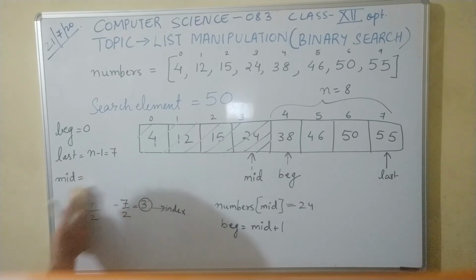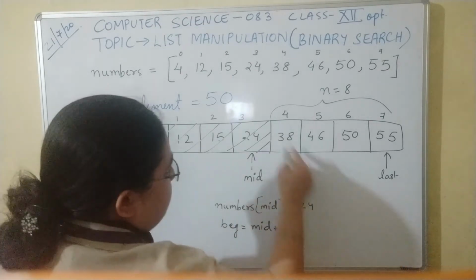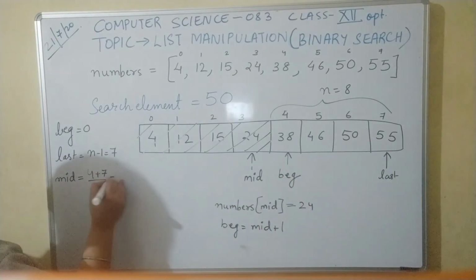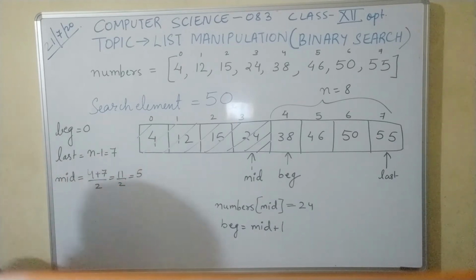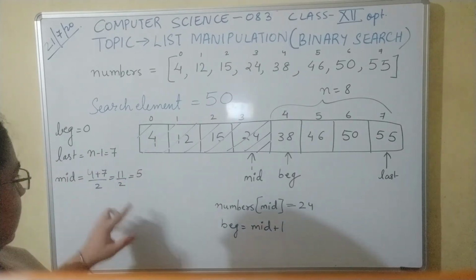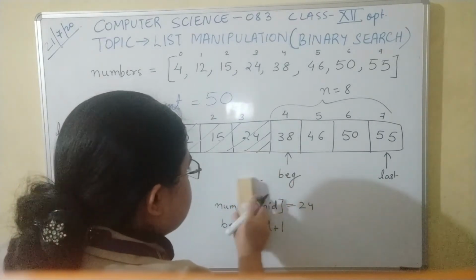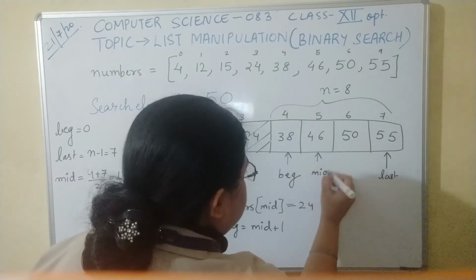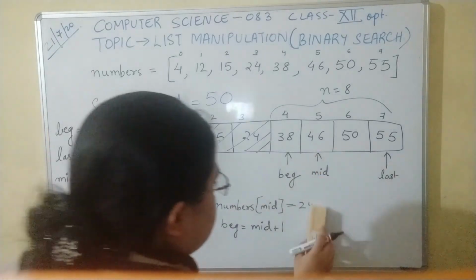So let's calculate mid once again. Now mid will be beg plus last, that is 4 plus 7 divided by 2, that is 5. Okay, 2 5s are 10. So now our new mid is this. What is numbers mid?